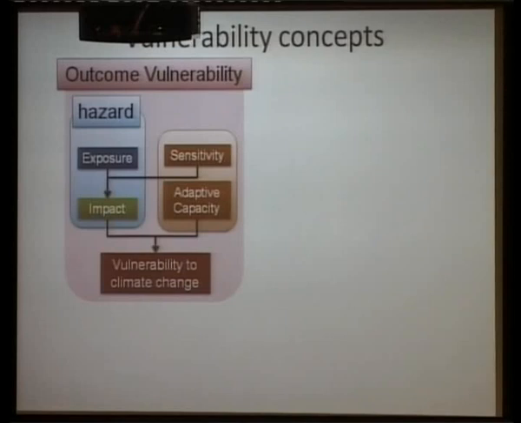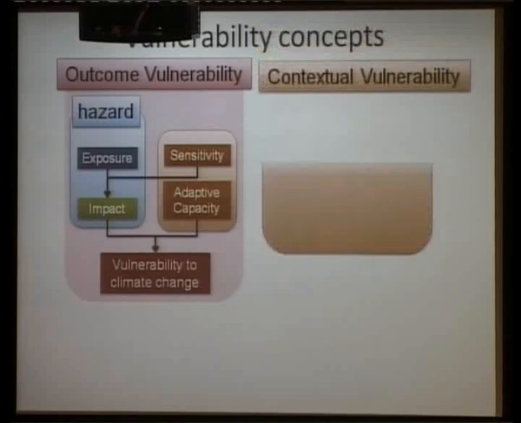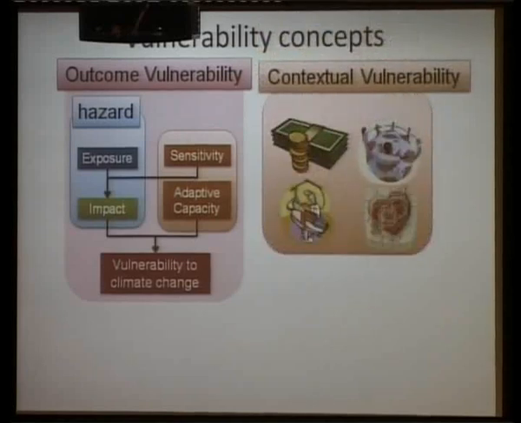But at the same time, this is called outcome vulnerability because you need to assess the potential impact of the vulnerability. But some scholars said it's not necessary to identify the outcome. Just context is enough to claim the vulnerability of people. Context includes income, social network, gender, profession, and such.